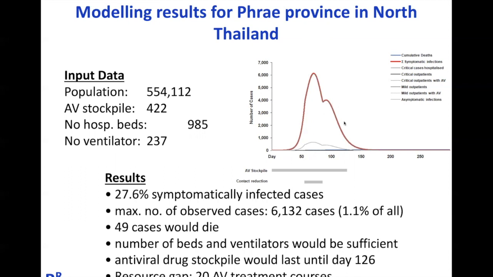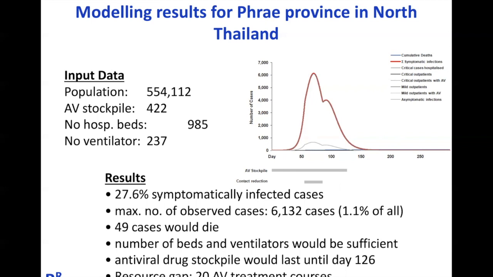If we run the model in this province for this epidemic, we would see how many symptomatic infections we would have, how many critical cases hospitalized we would have, and also a very, very minor number of people who would have died. It's not so easy to see, while at the same time we would see how well they would be equipped and at which period of time different interventions would help.